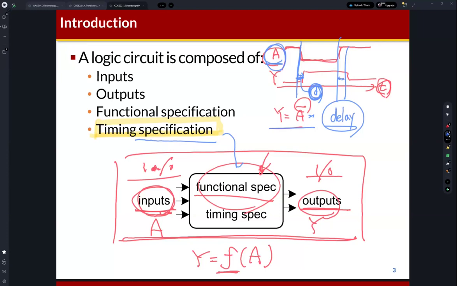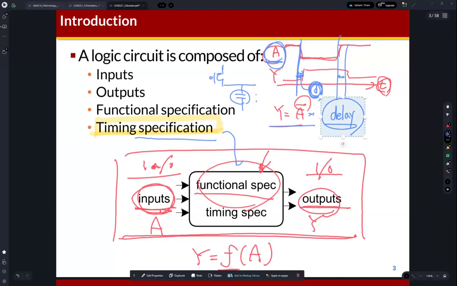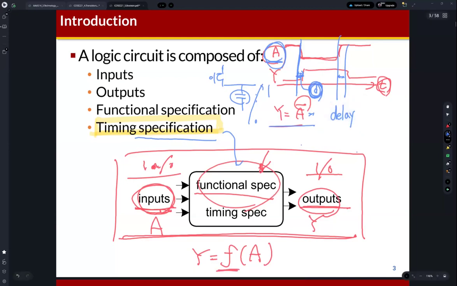It is because, when I explained the inverter circuit, if y is changed from 0 to 1, then we need to move electric charge to this capacitor, right? But it takes time, right?